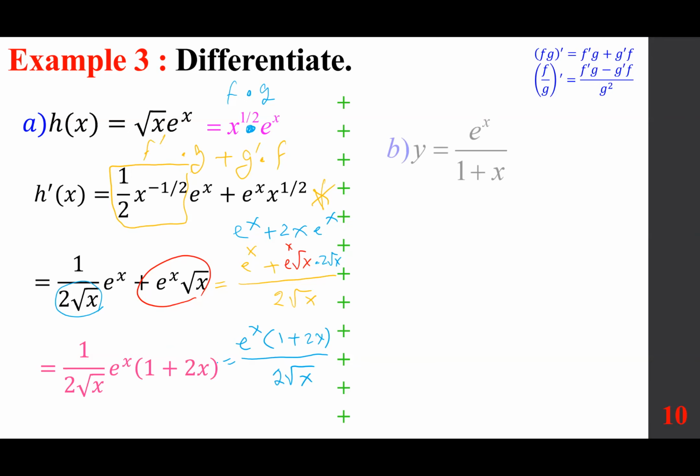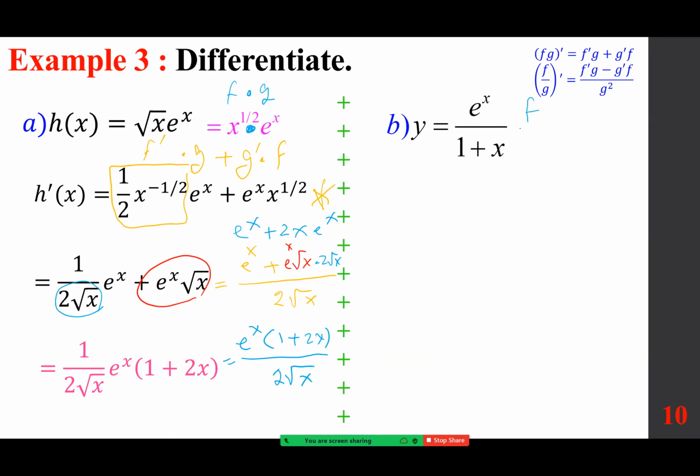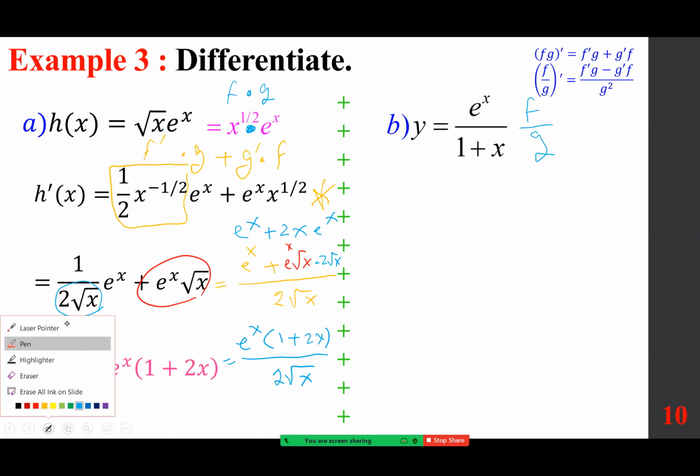Here's the next one. Y equals e to the power of x over 1 plus x. We are going to write this as f over g, emphasizing we are using the quotient rule this time.